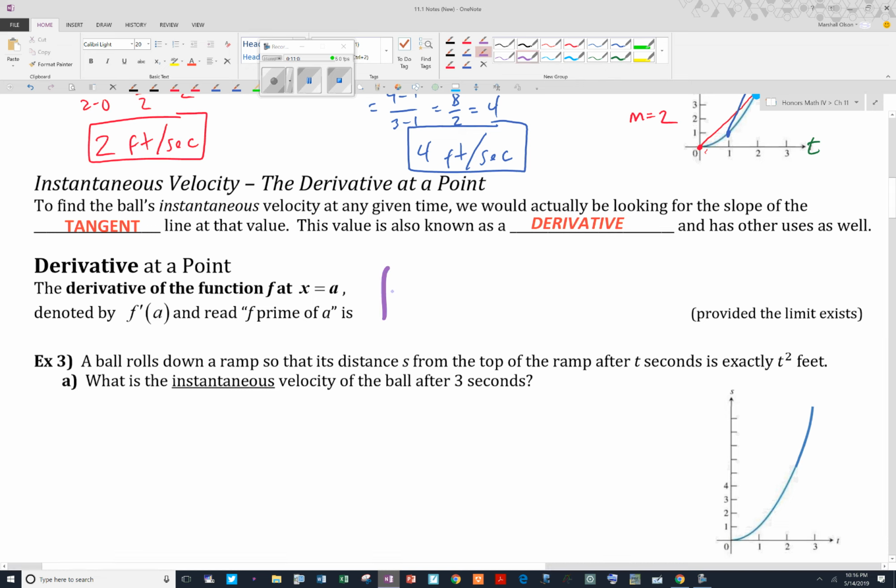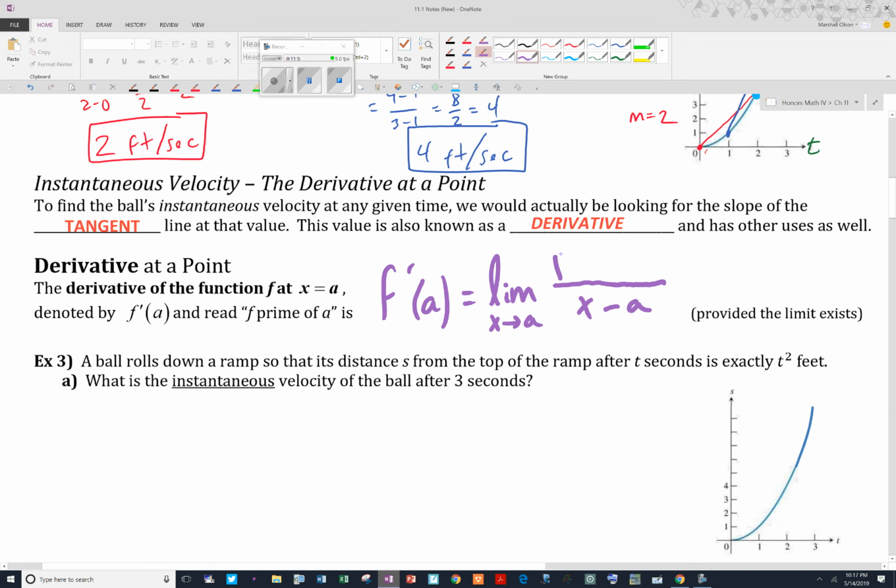If we want to find what's called f prime of A, which is also just the derivative of the function f at A, then what we're going to do is take a limit and let x approach A, where our x values are x and A. So the difference in my x values is going to be x minus A, and my y values would be f of x and f of A.